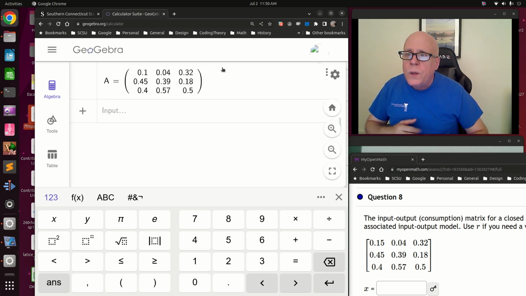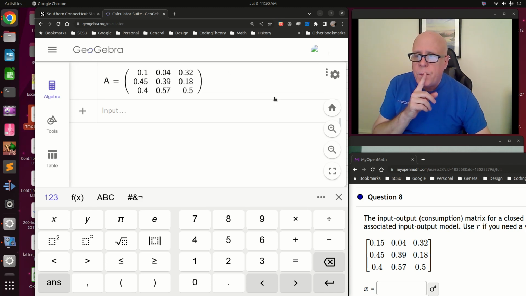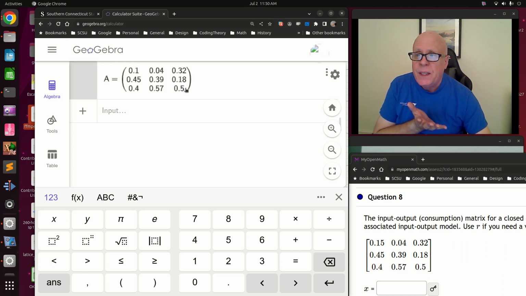I hit go on that, and here's something I did want to mention to people. Once you've defined a matrix, it does this pretty version of it, and now it's not easy to edit. You can click in there and edit numbers, but if you wanted to add another number, I'm not sure how to do that.